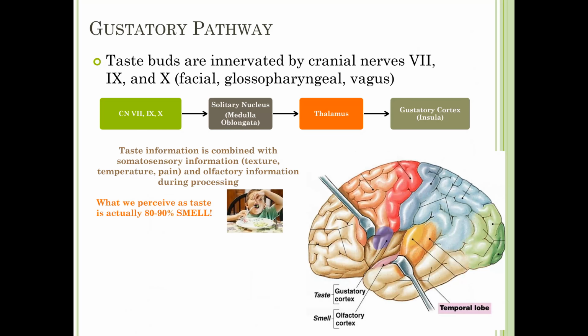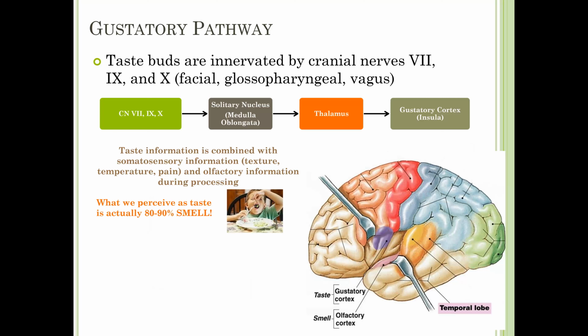In fact, what we perceive as taste is actually 80 to 90% smell. This is why kids will hold their nose when they're trying to eat something they don't like, because if you hold your nose, you're taking away 80 to 90% of the taste that normally comes from olfactory information. This is also why things don't taste as good when you have a cold and a blocked nose, because your olfactory information is contributing most to your taste sensations.